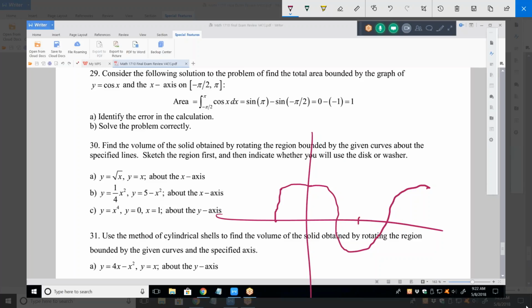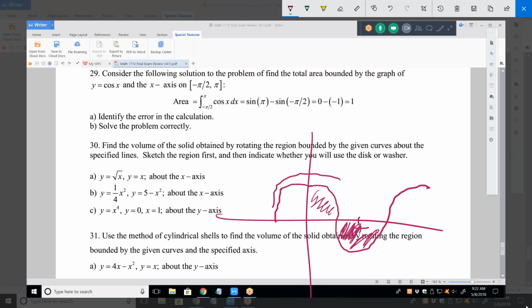And this is pi. Okay? So we can see immediately that the total area, I could do it in 2 steps.